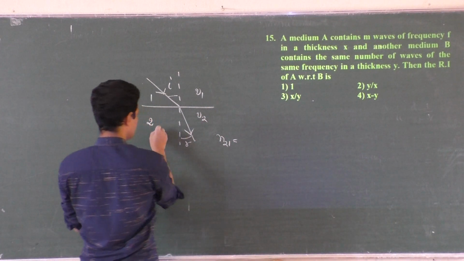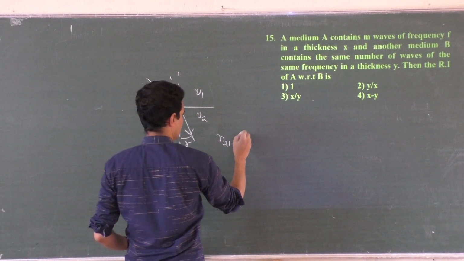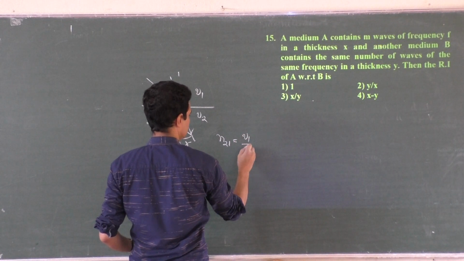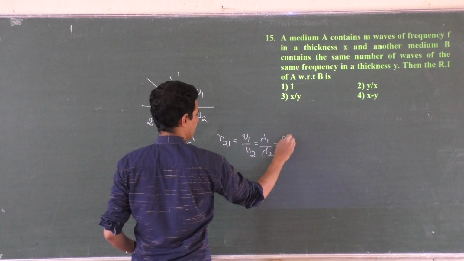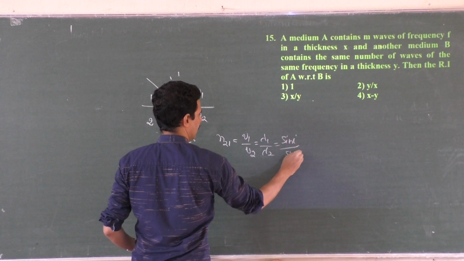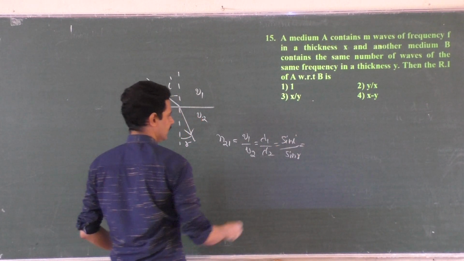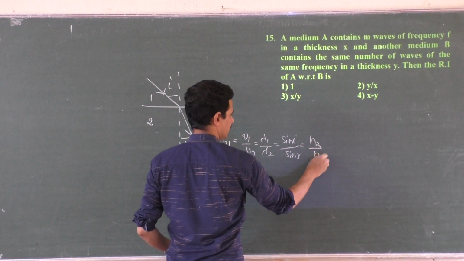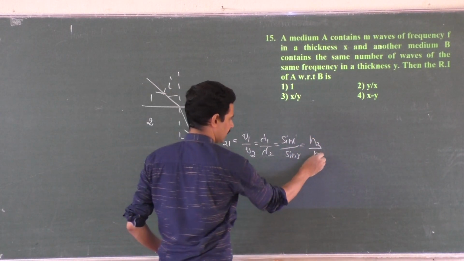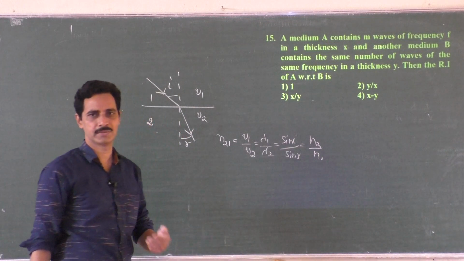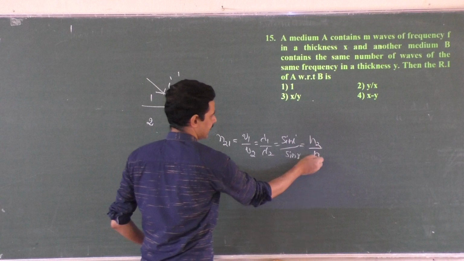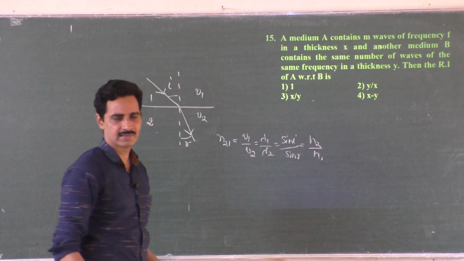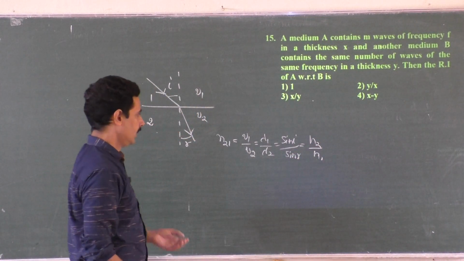The refractive index of the second medium with respect to the first is v1 by v2, lambda 1 by lambda 2, sin i by sin r, and n2 by n1, the ratio of absolute refractive indices. And if you cross-multiply, we get the usual Snell's law, n1 sin i is equal to n2 sin r.